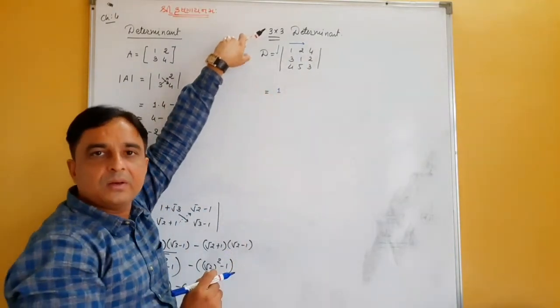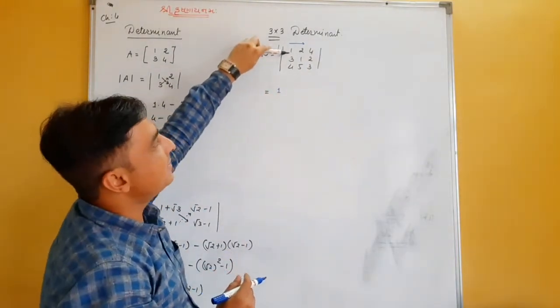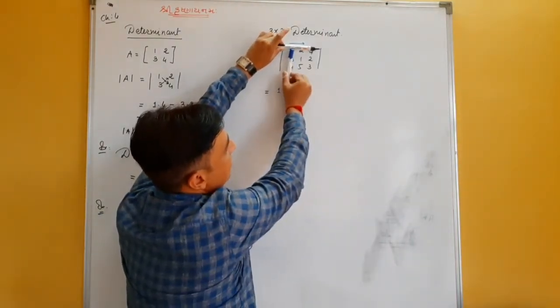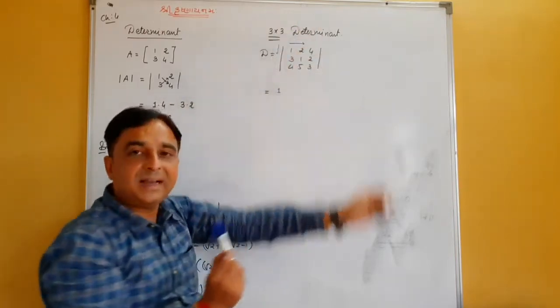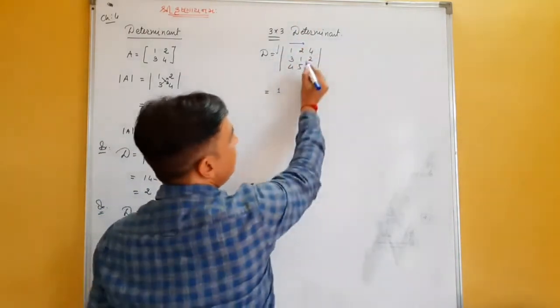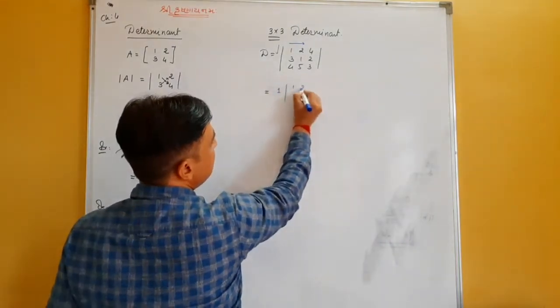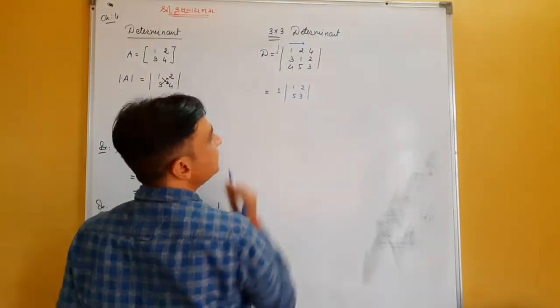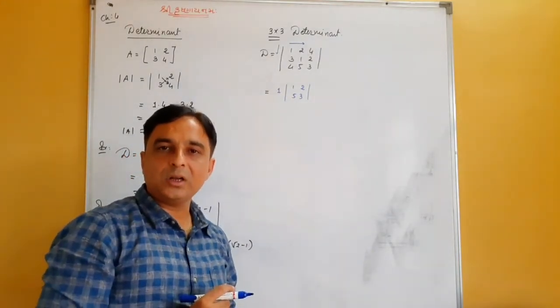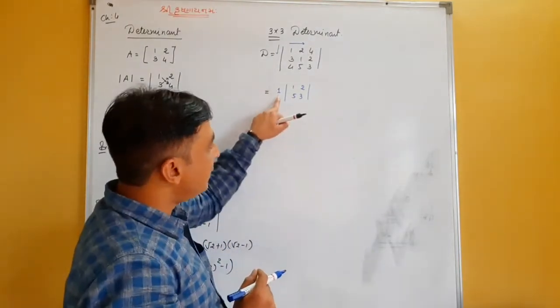Now, hide the row and column containing the element 1.